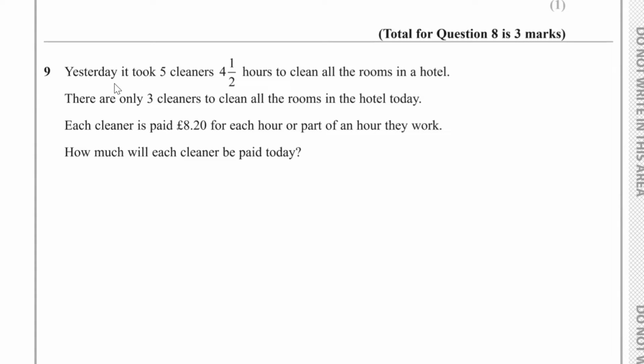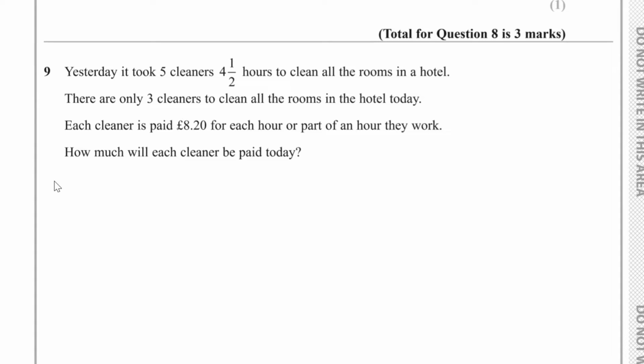Question 9. Yesterday it took 5 cleaners 4.5 hours to clean all the rooms in a hotel. There are only 3 cleaners to clean all the rooms in the hotel today. Each cleaner is paid £8.20 for each hour or part of an hour they work. How much will each cleaner be paid today?